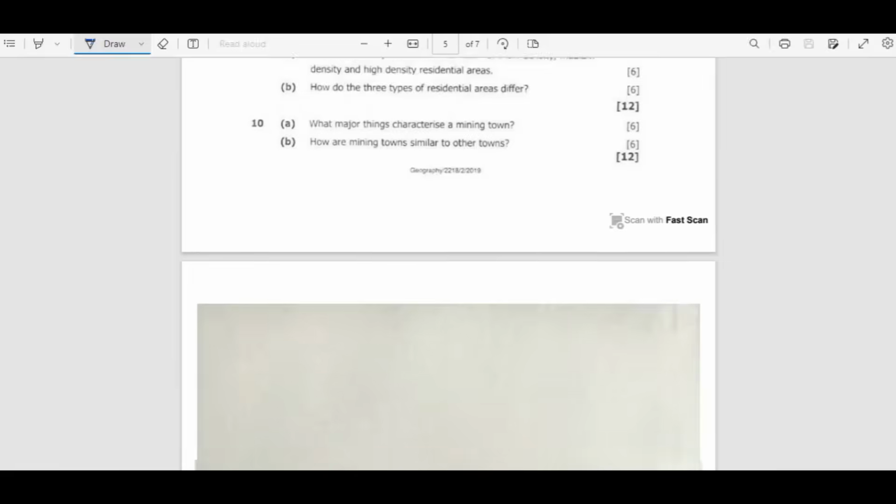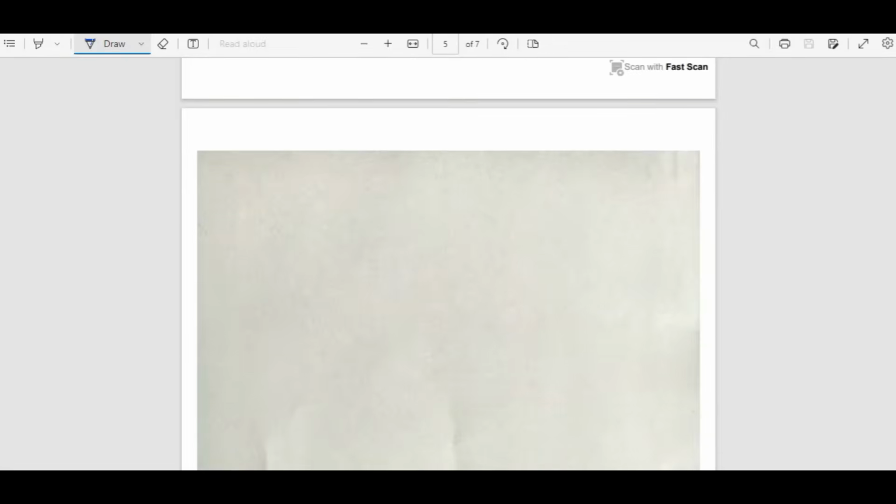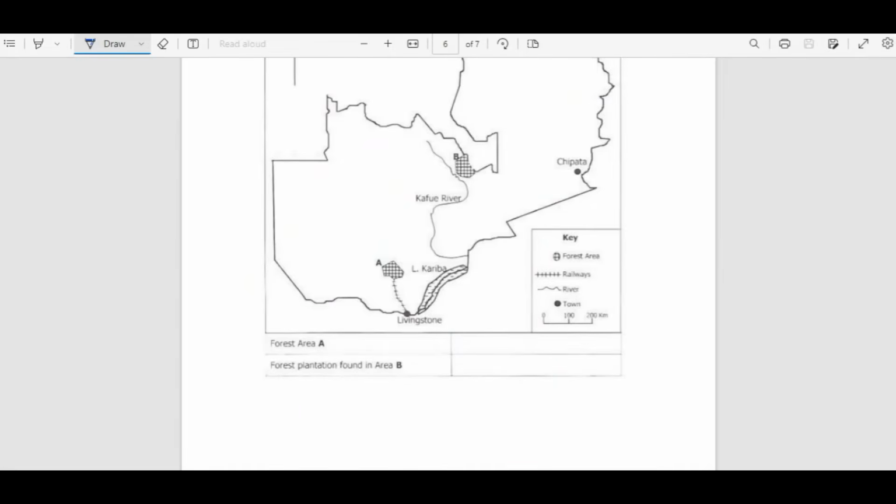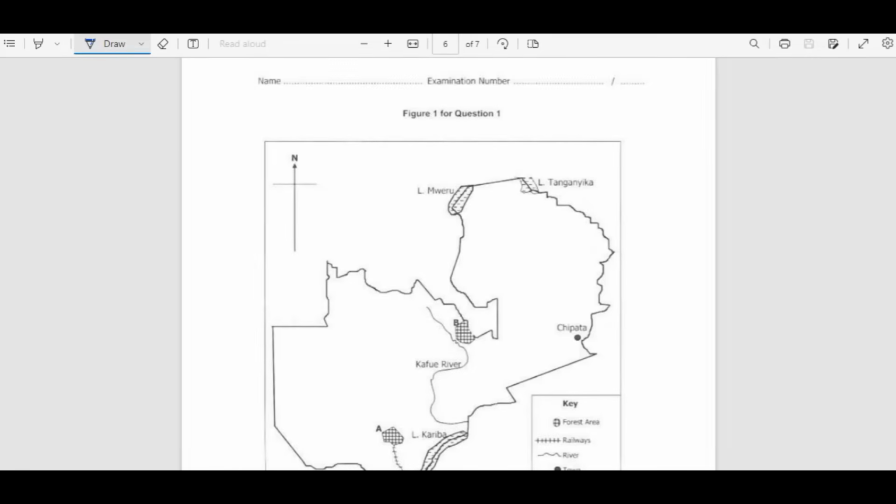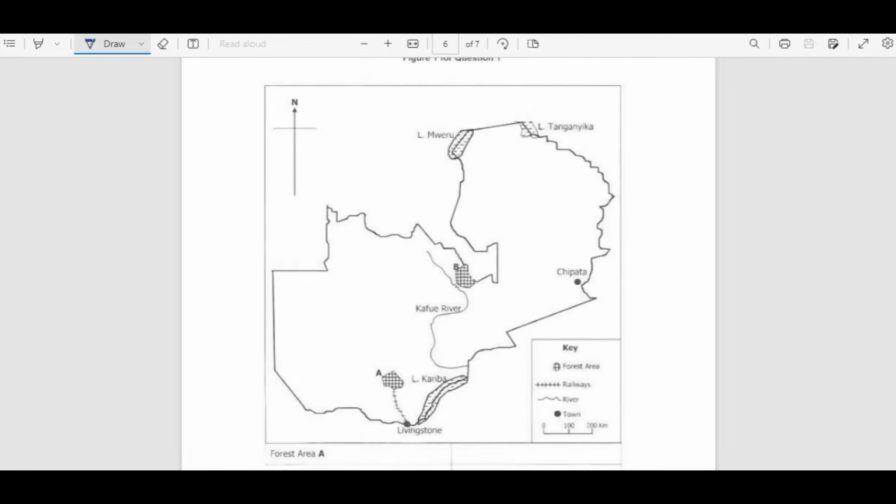Okay, so this is the map that we are asked to look at. When you look at the map very carefully, number one, we have a key here. So this is the key.